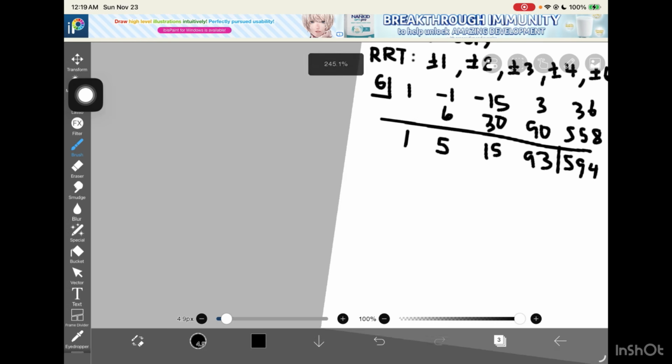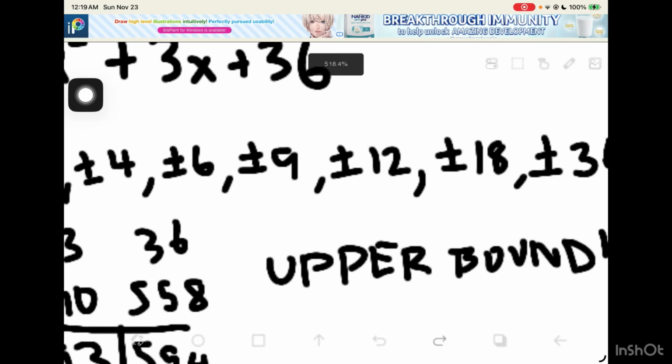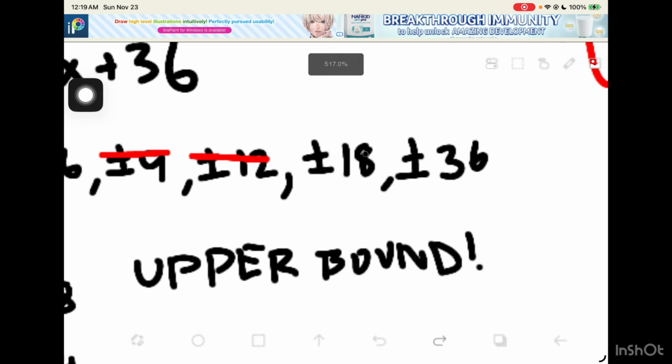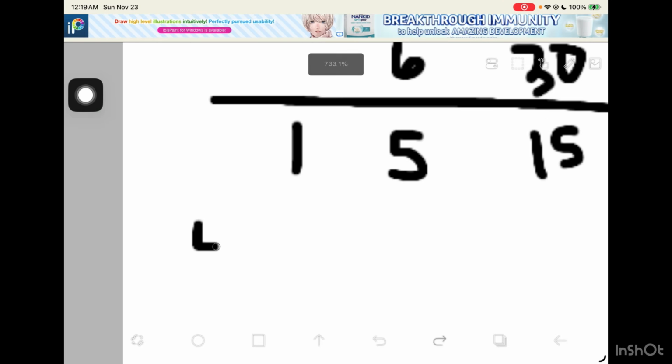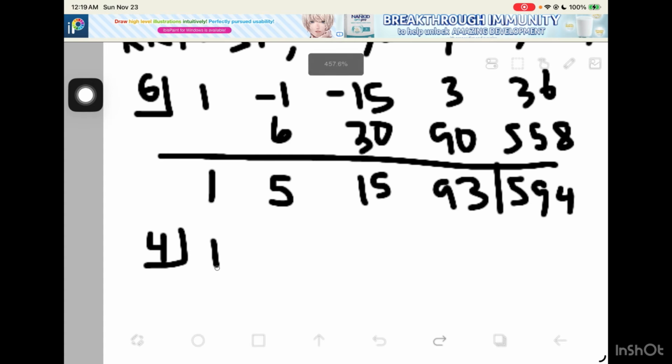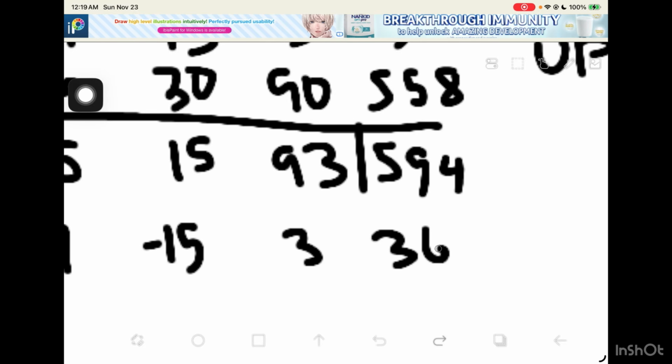So let's try number 4, since obviously none of the positive ones will work. We use 4, and then 1, negative 1, negative 15, 3, 36.